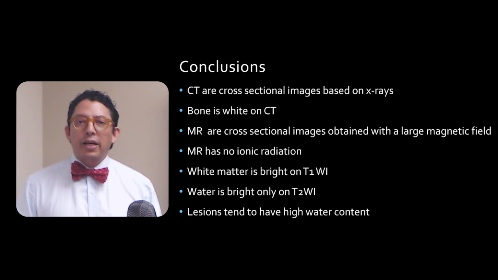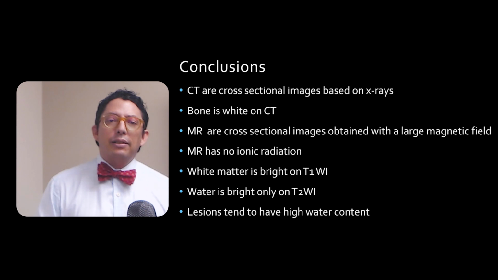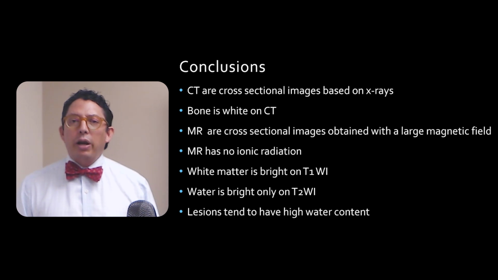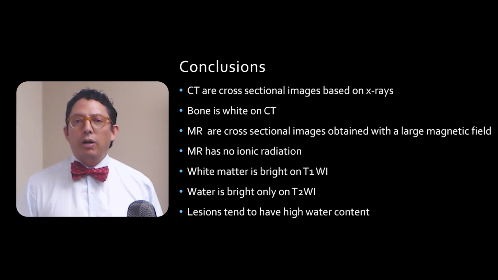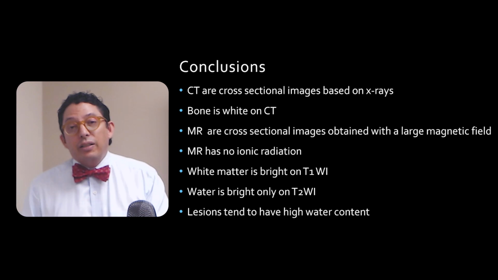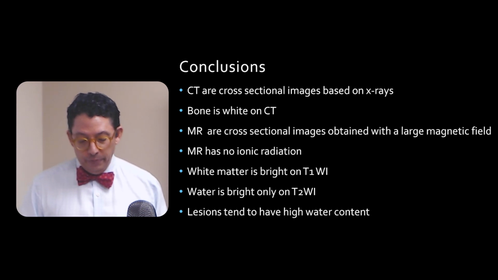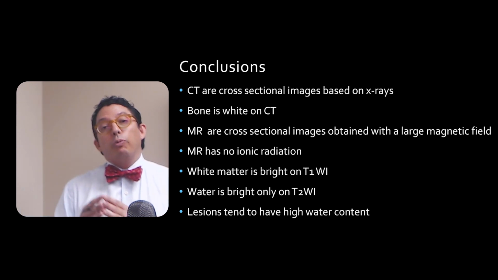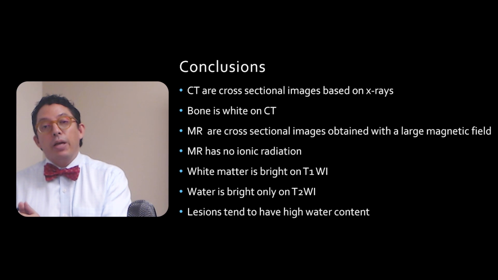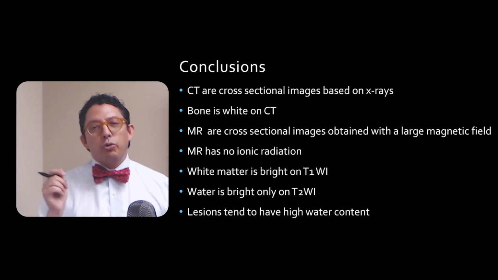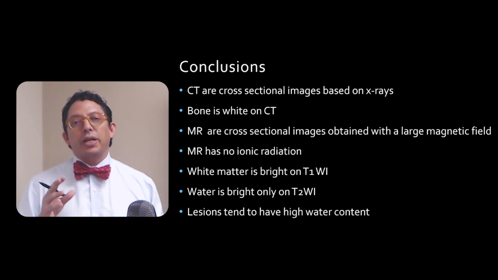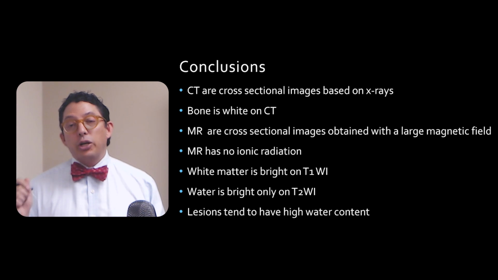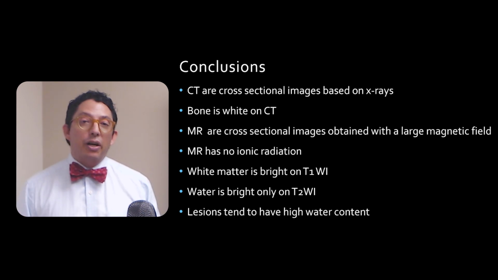That in MRI you can get different sequences, and the main sequence that we look for first is if it's a T1 or not. And the way to do that is look at the white matter. If it's bright, you know it's a T1. If it's dark, it's going to be a T2. We also saw that water is only bright on T2, but that we have a special sequence, a trick sequence that we use, which is a T2 where we can saturate the CSF, which we call the fluid attenuated inversion recovery sequence, or FLAIR.